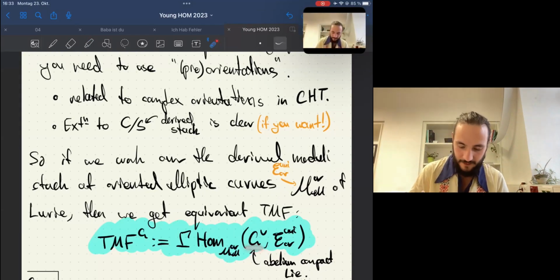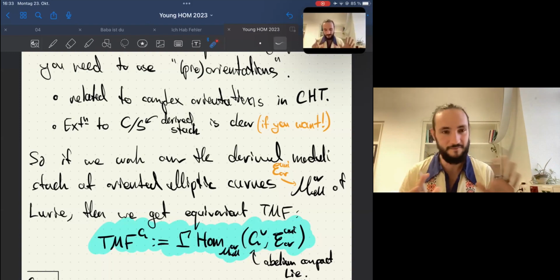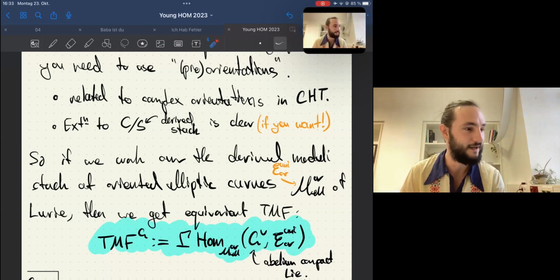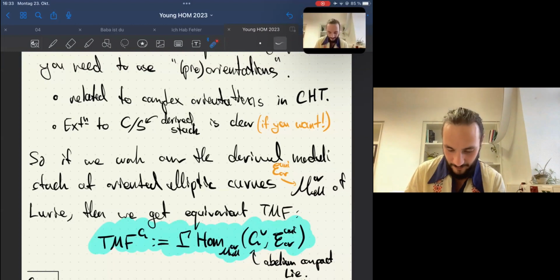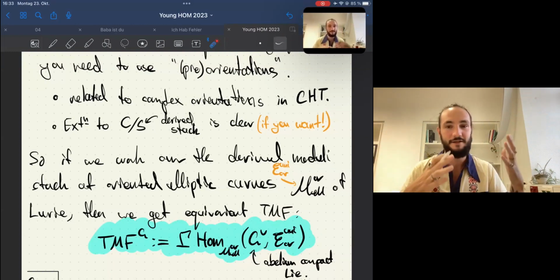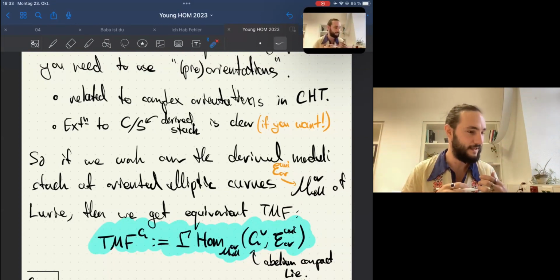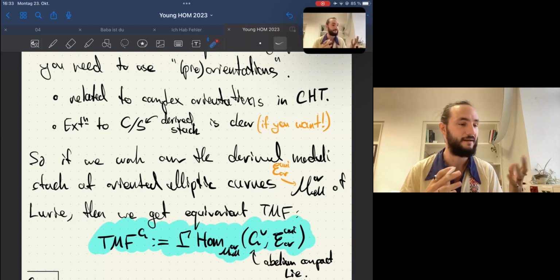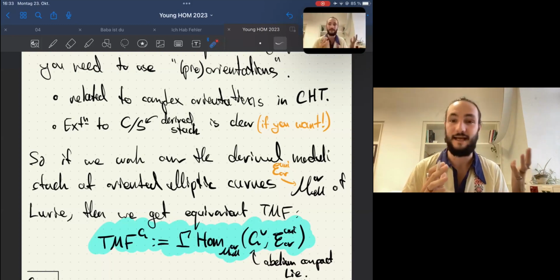Let's take G to be some finite abelian group for now. Then you can always base change this into any category, into abelian objects in any category.